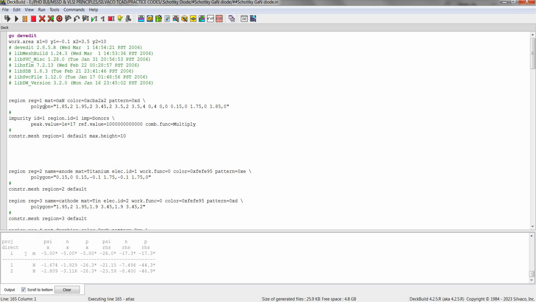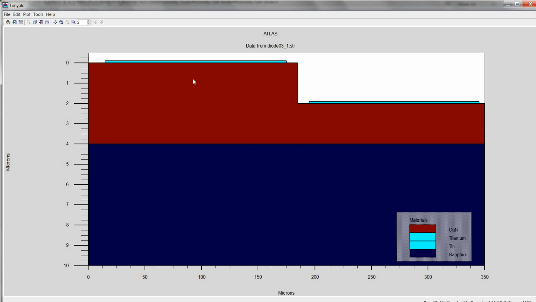Then we define region number 1, which is gallium nitride, and here are the coordinates for region number 1. Going to the figure, this region is our region number 1, and based on the coordinates it goes like this, as you can see.